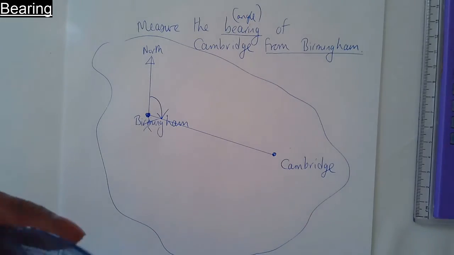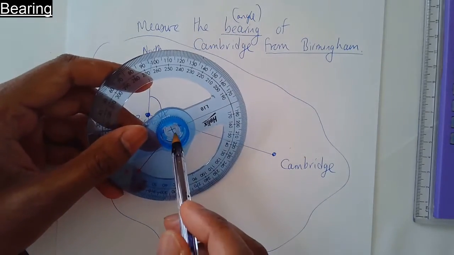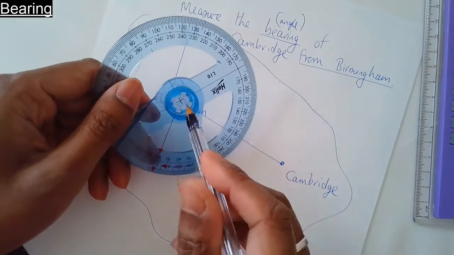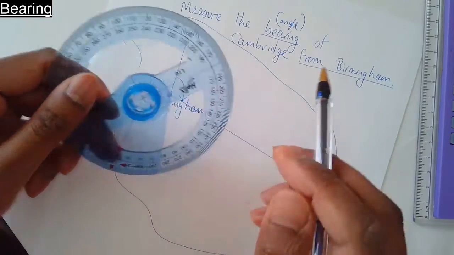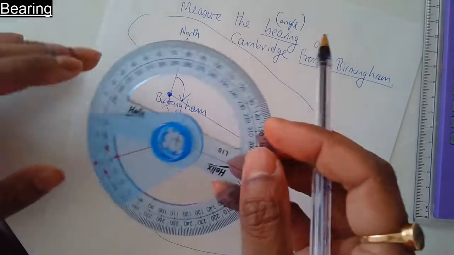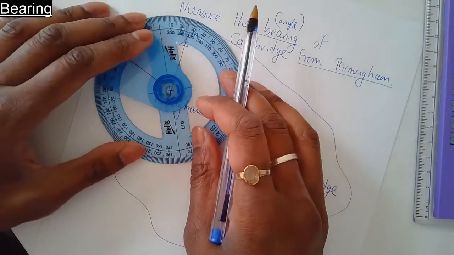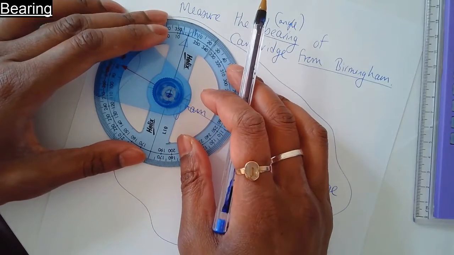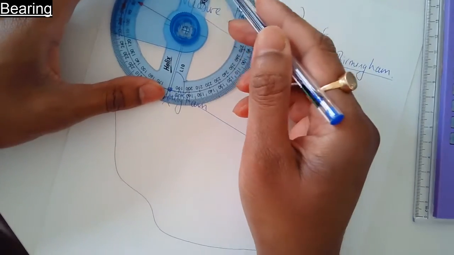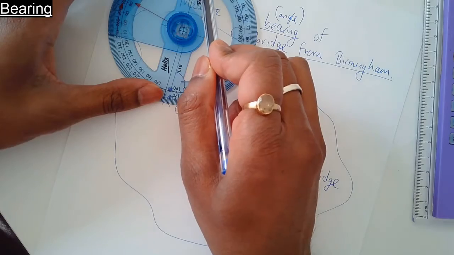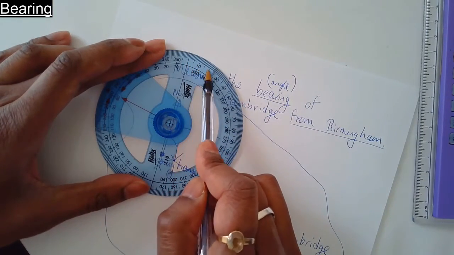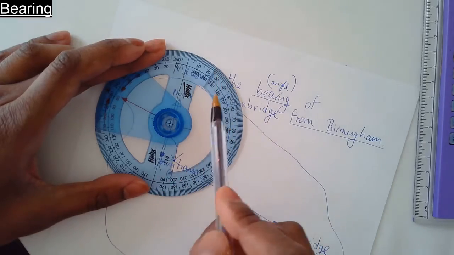So step 1 is to put the center of the protractor, you can see that cross there, the center of the protractor on that dot, and then all you're going to do is line up the 0 degrees. I know it doesn't say 0, but you can tell: 0, 10, 20, 30, 40 going clockwise.